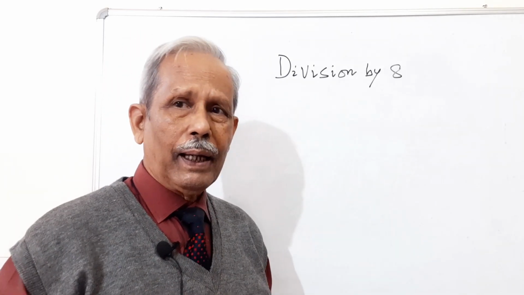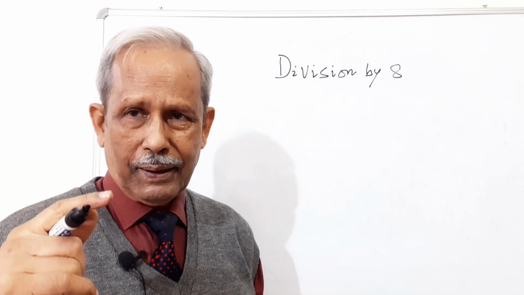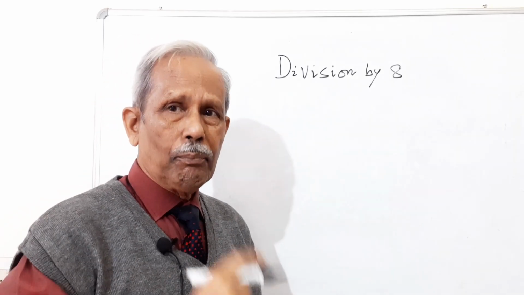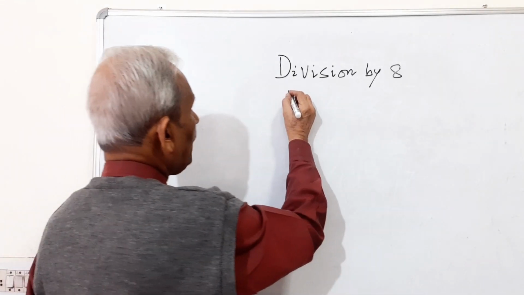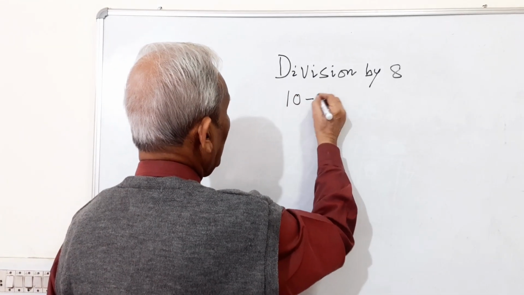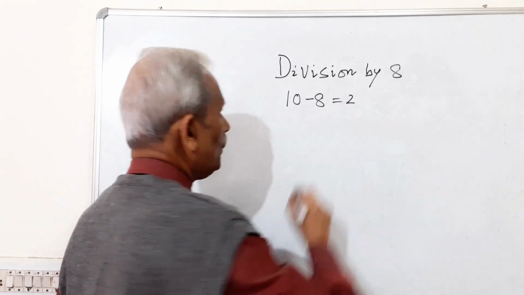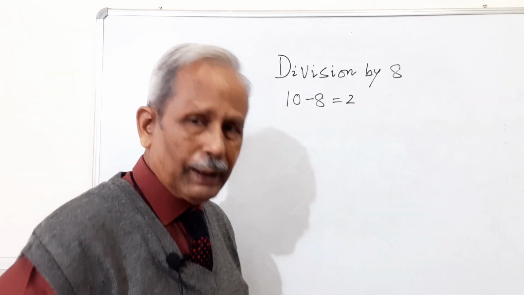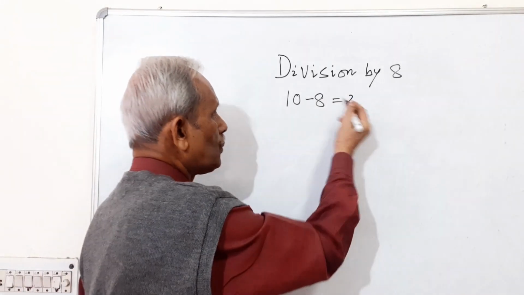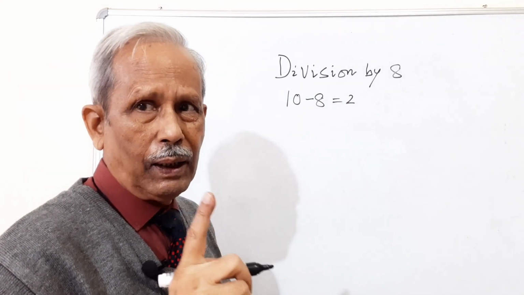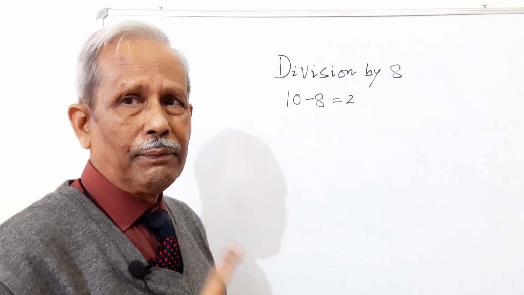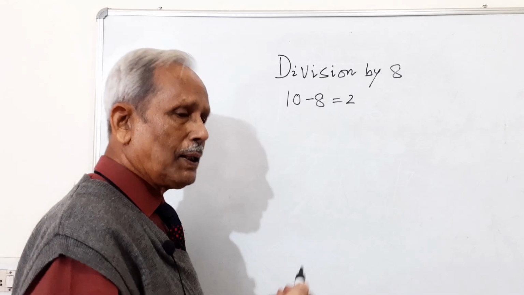In case of 9, the complement was 1. But in case of 8, the complement is 10 minus 8, which is equal to 2. That is the complement. So remember that. We'll use this complement while making the division by 8 as we did in case of 9 also.